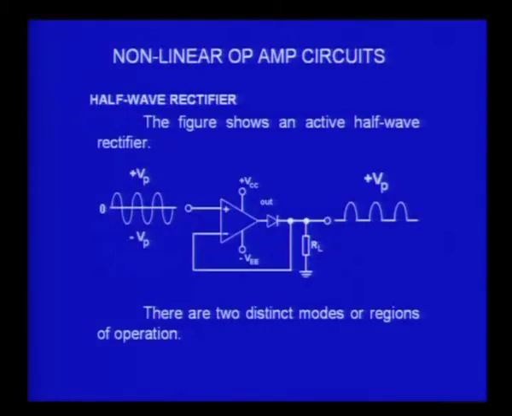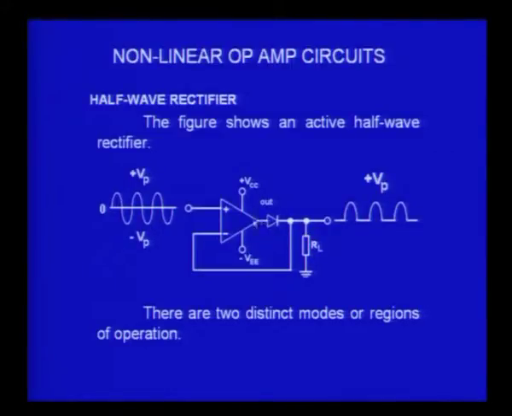And even if the input voltage is just around 100 microvolts, I have to multiply by 10^5, and so this will be about 1 volt or so at this point. So, 1 volt means the diode will be forward biased, because at the output of the amplifier it is about 1 volt, and on the other side it is close to ground, and therefore this diode will become forward biased.